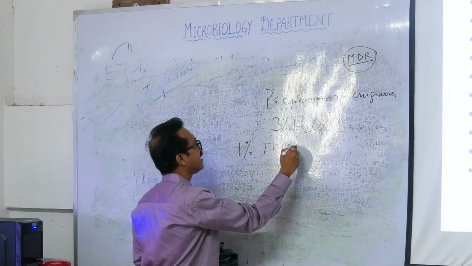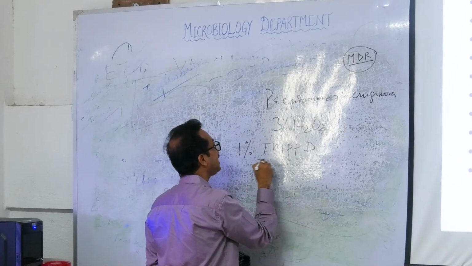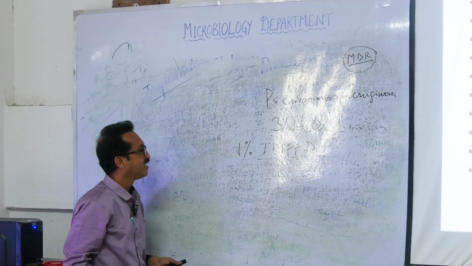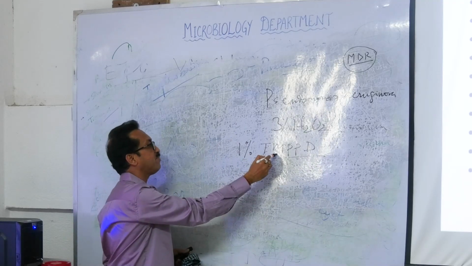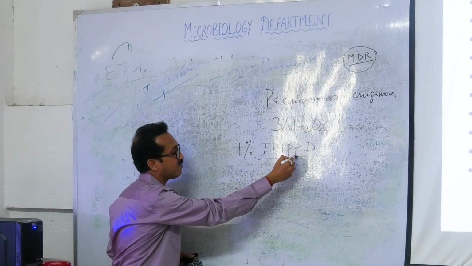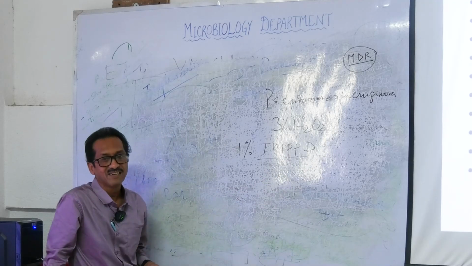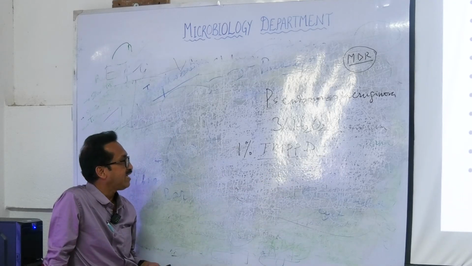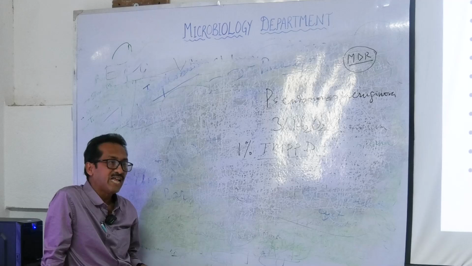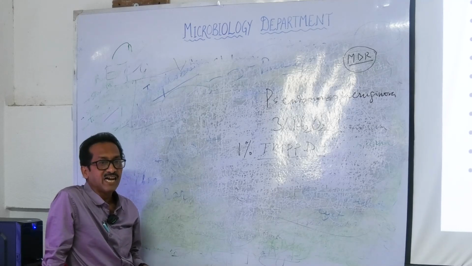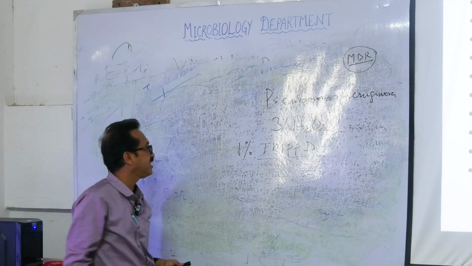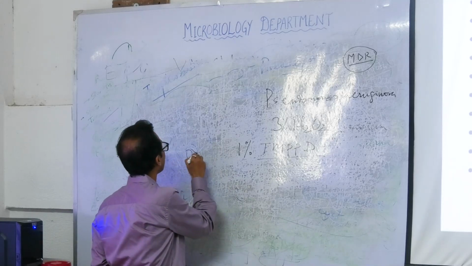You have the oxidase disc. TMPPD full name is tetramethyl paraphenylene diamine dihydrochloride. 1% TMPPD is there in the oxidase reagent.